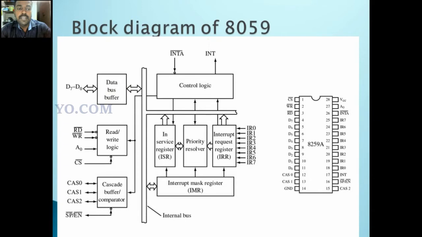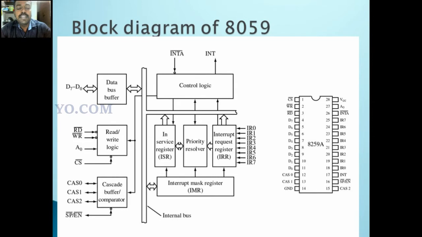The next one is the read-write logic. This is also present in all the blocks. The read-write logic receives the control signals such as read, write, chip select and A0 from the 8086 microprocessor, and it controls the entire blocks present in the 8259. According to the control signal, it will control the entire blocks.